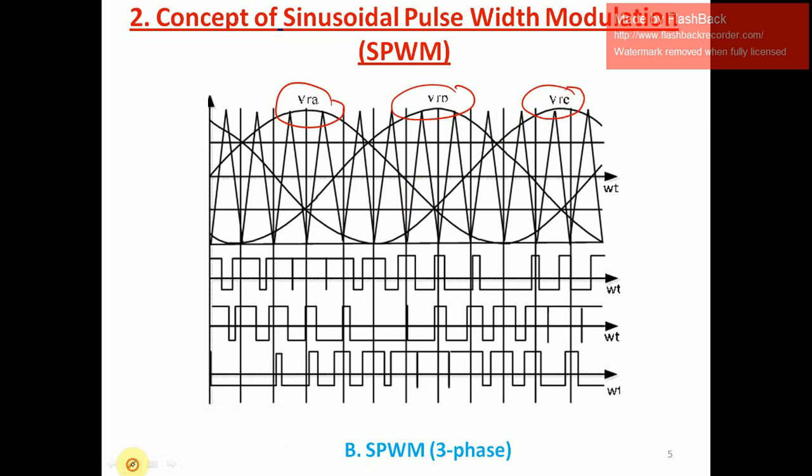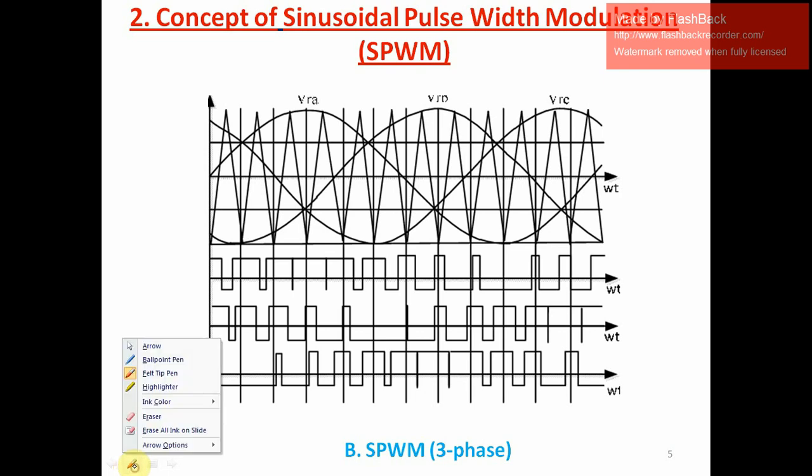And similarly, a triangular waveform is treated as a carrier waveform, and we get different pulses here with different widths, so that we can get the harmonics removed from the output line voltage or phase voltage waveforms. And we are going to use this technique now.